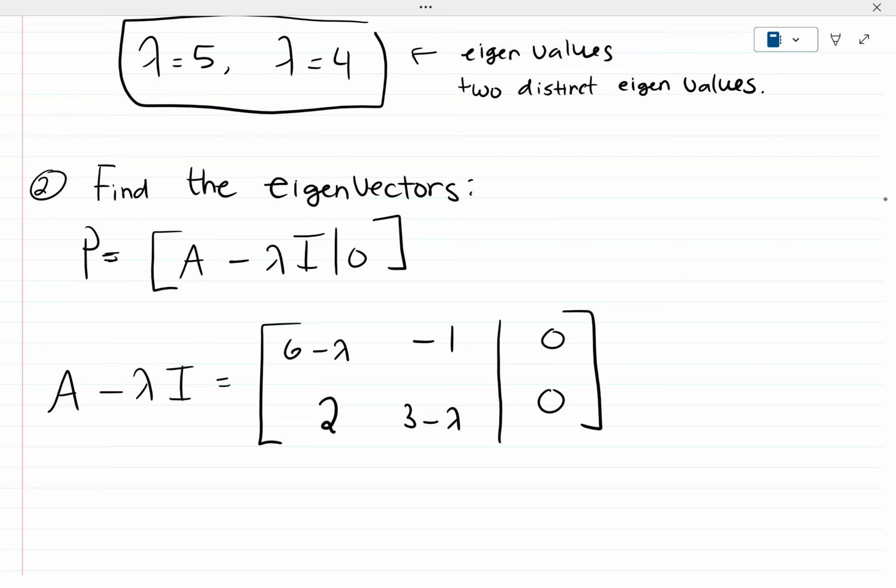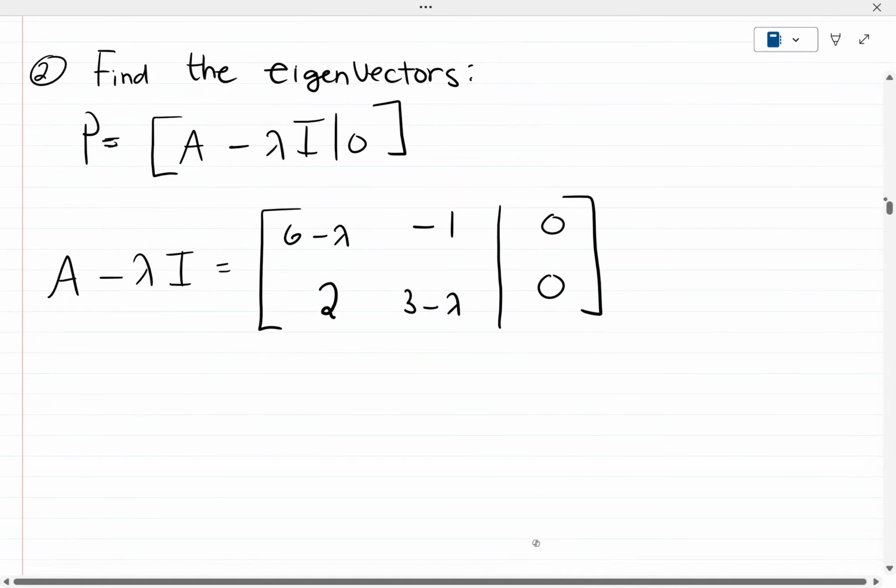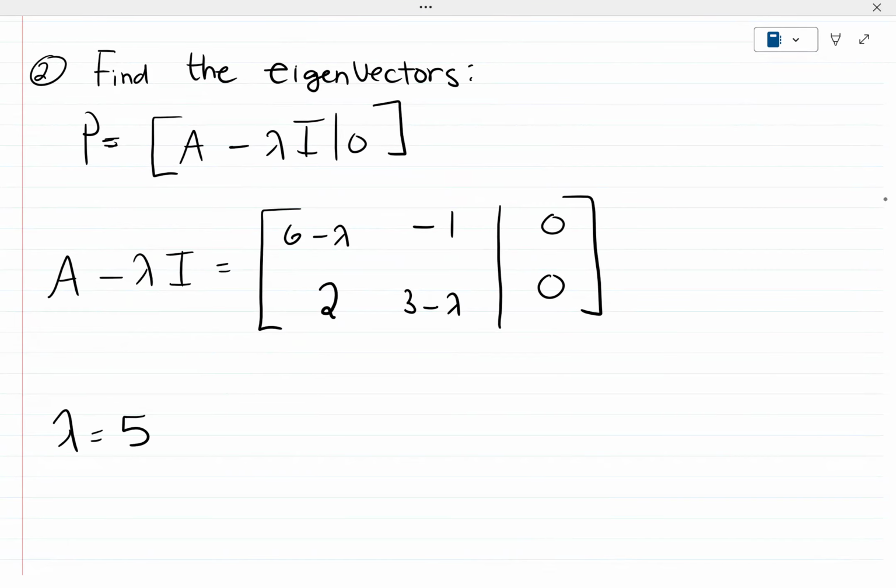And then what we're going to do next is row reduce. Remember how we have two different lambdas? Let's try it when lambda equals 5. So if lambda equals 5, that's going to give you 6 minus 5 is 1. This is 2. This is -1. 3 minus 5 is -2.